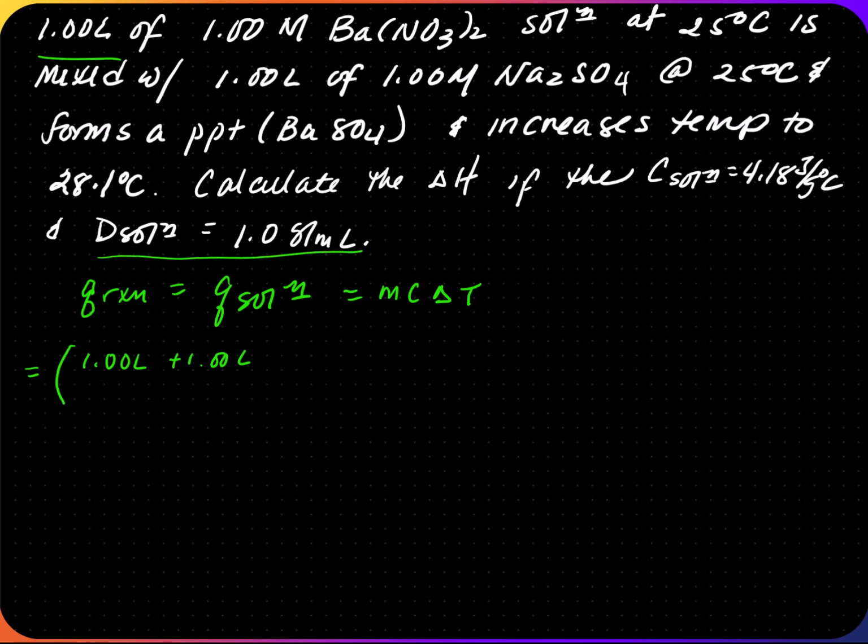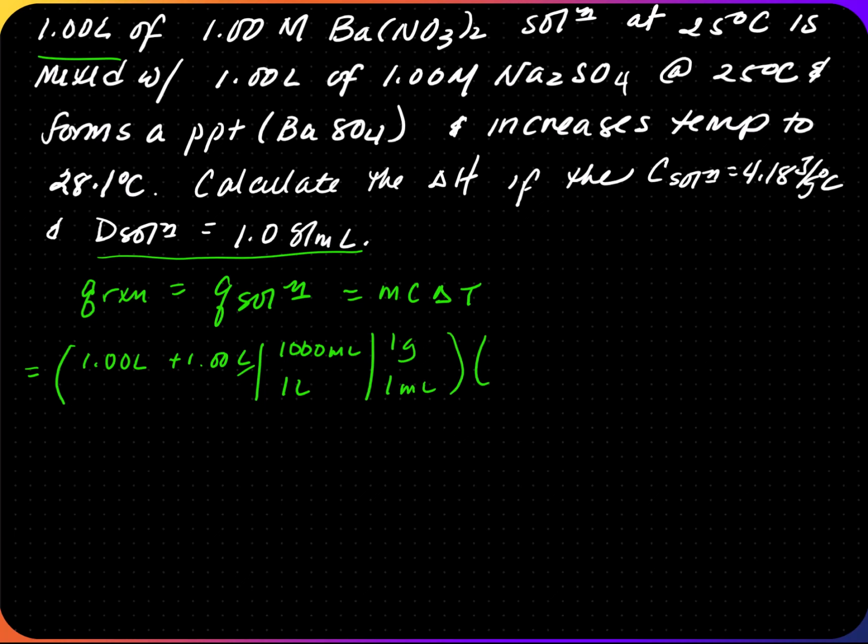Density of the solution is given as 1 gram per mL. I could find the mass of the solution using dimensional analysis. We first need to convert the liters into milliliters because the density is given in milliliters. So 1 liter is 1,000 milliliters, and 1 milliliter is 1 gram.